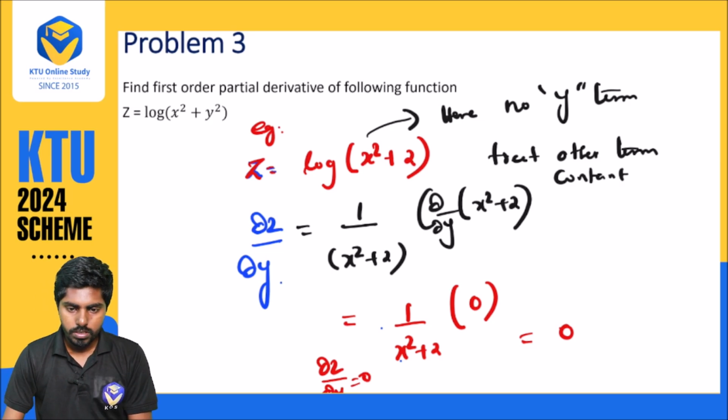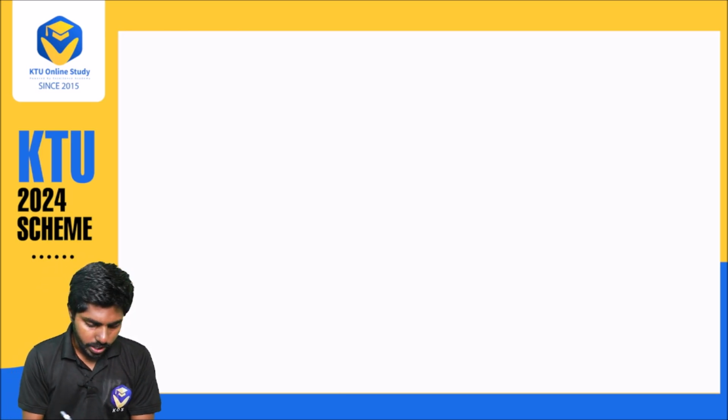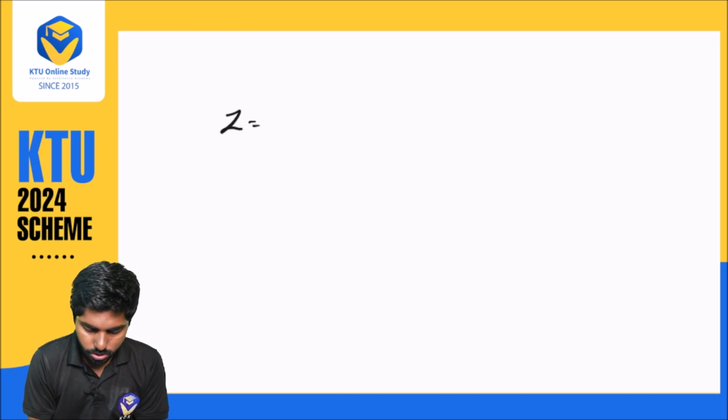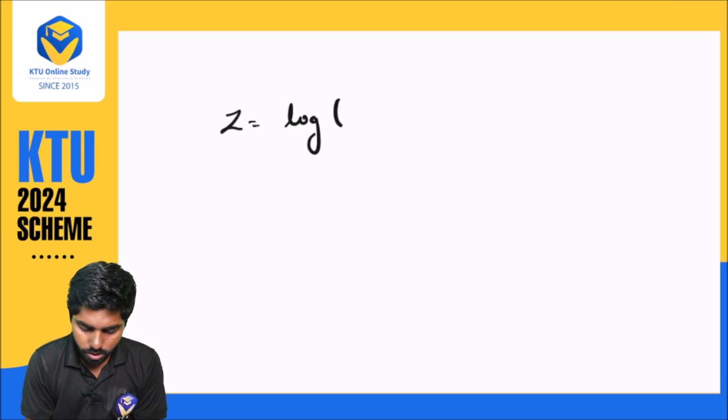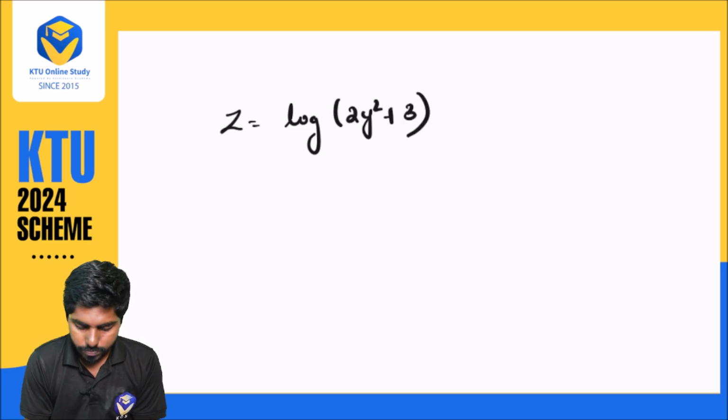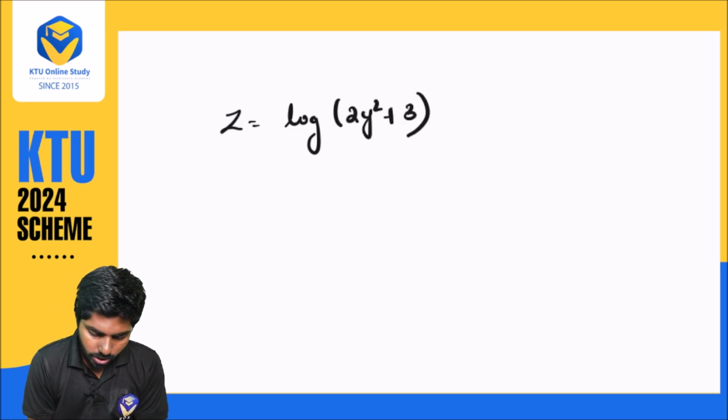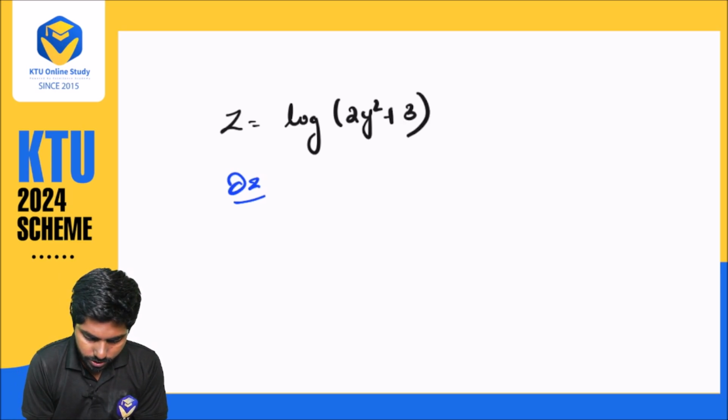Okay. Let me go with one more example. For example, z is equal to log of (2y square plus 3). I am doing the partial derivative of z with respect to x.